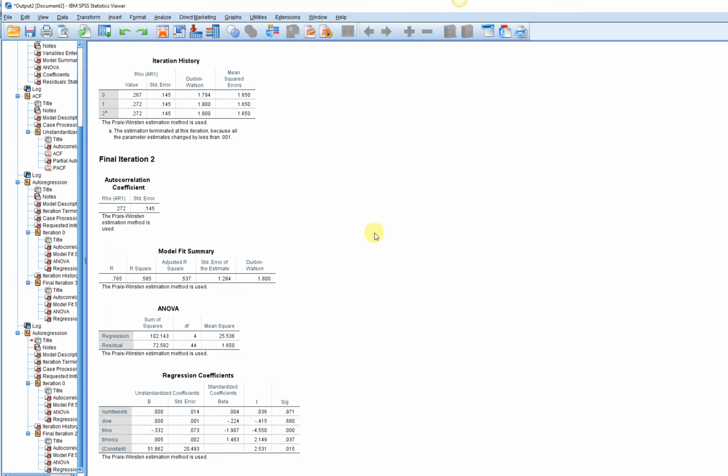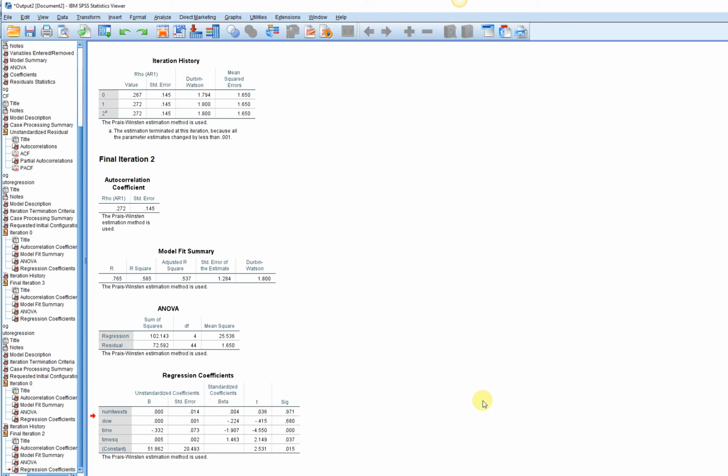The Durbin Watson, again, if you consult the Durbin Watson table, it appears that there's no more problem with positive autocorrelated errors. There's the ANOVA table of regression coefficients, and so in this case you see that both time and time squared emerge as significant. So in this case, there's actually some evidence that perhaps you have that quadratic trend.